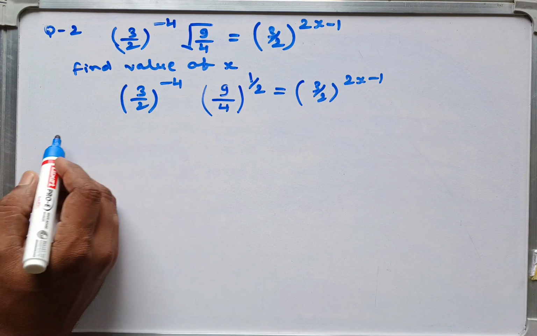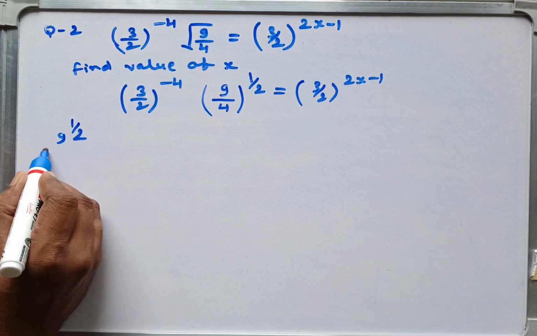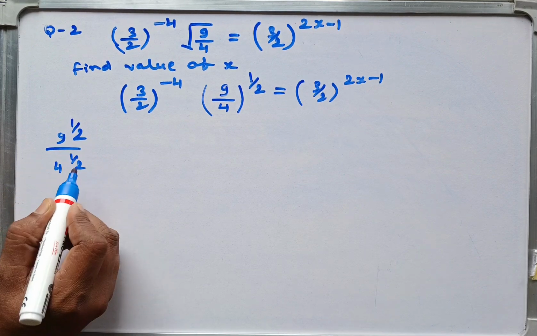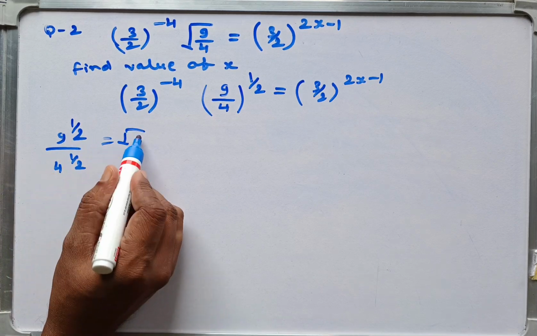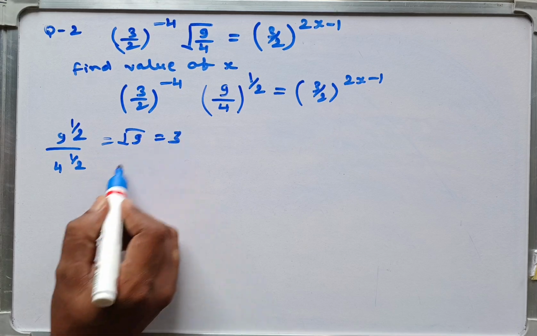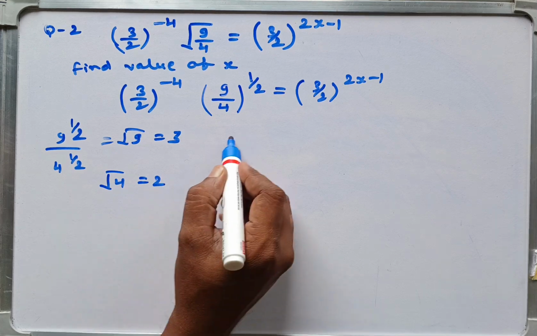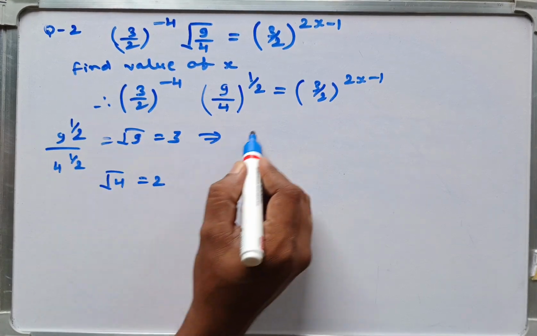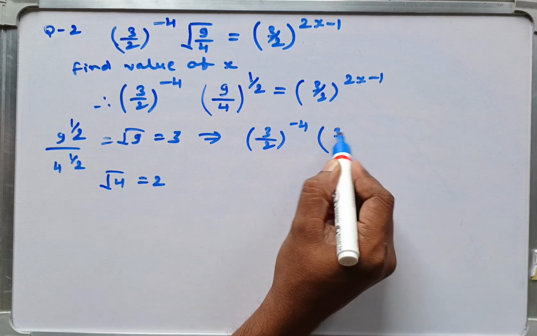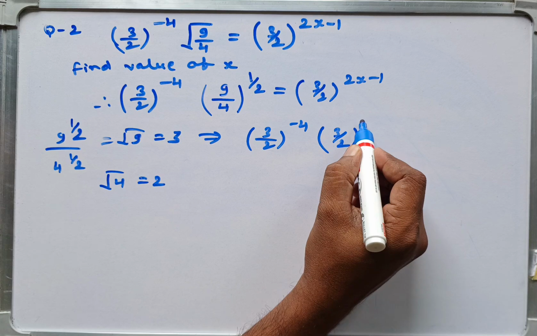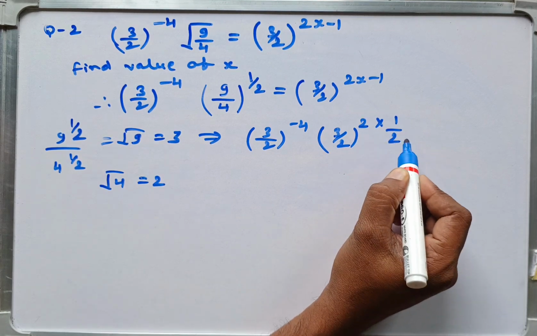So we have 9 to the power of 1 by 2 and 4 to the power of 1 by 2. Basically, the square root of 9 is equal to 3, and the square root of 4 is equal to 2. Next we can write it as (3 by 2) whole squared, to the power of 1 by 2.